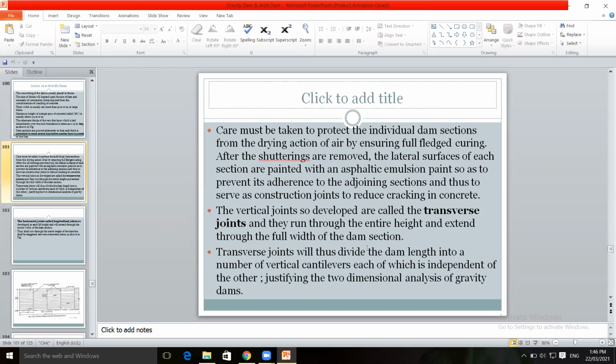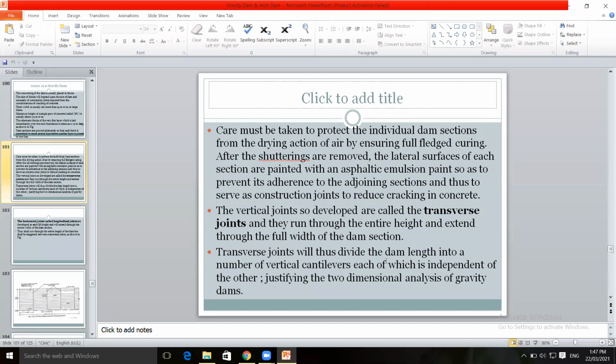Transverse joints will thus divide the dam length into a number of vertical cantilevers. So these transverse joints which are provided in the dam section vertically divide it into a number of vertical cantilevers, each of which is independent of the other, justifying the two-dimensional analysis of the gravity dam.